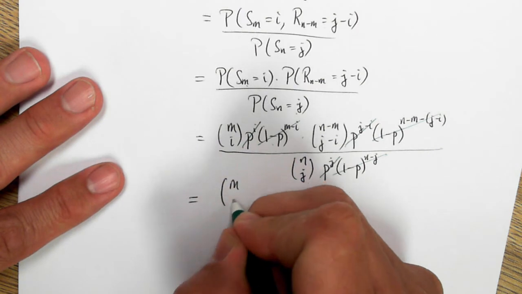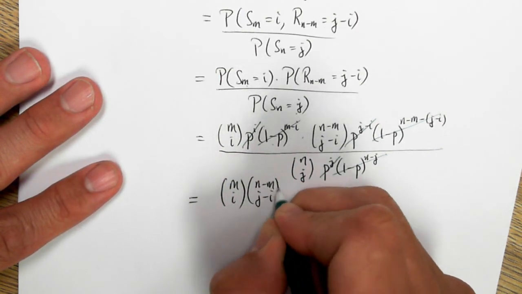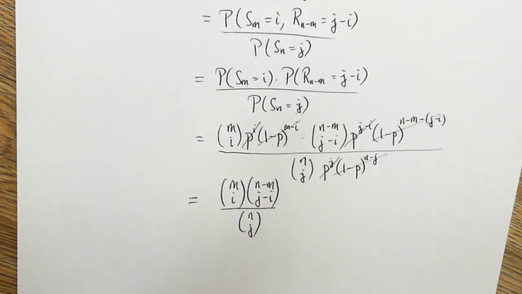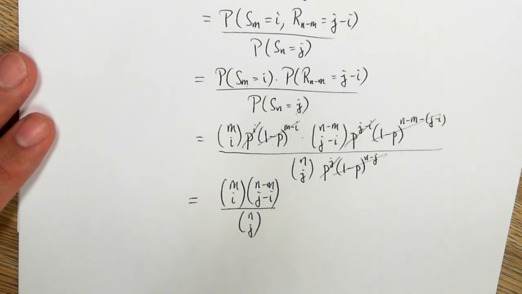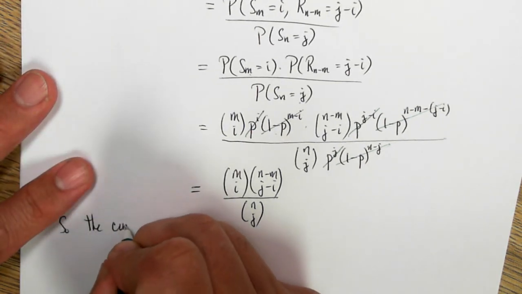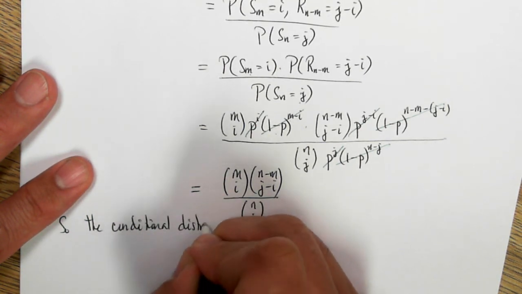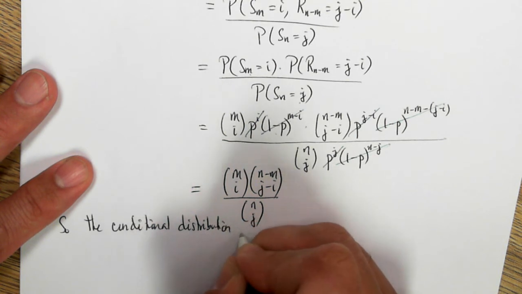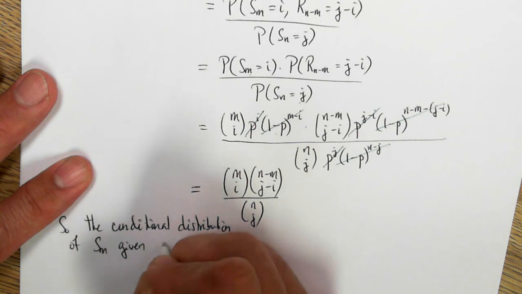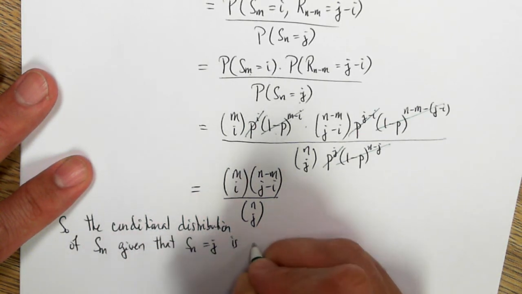What's left is m choose i, n minus m choose j minus i, over n choose j. I recognize this as hypergeometric. So the conditional distribution of S sub m, given that S sub n equals j, is hypergeometric.